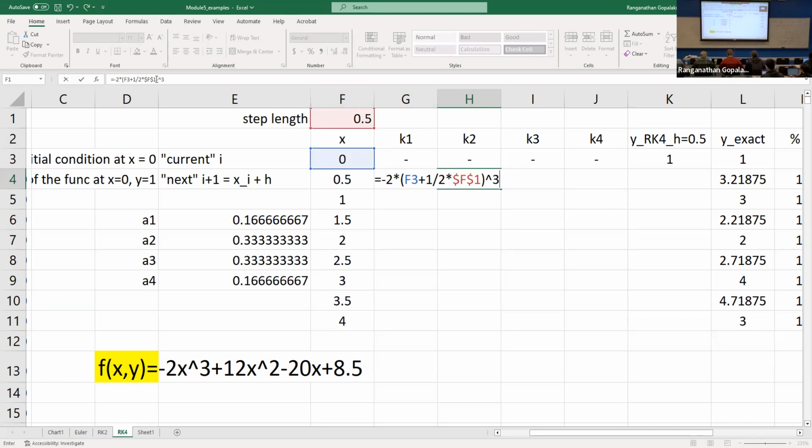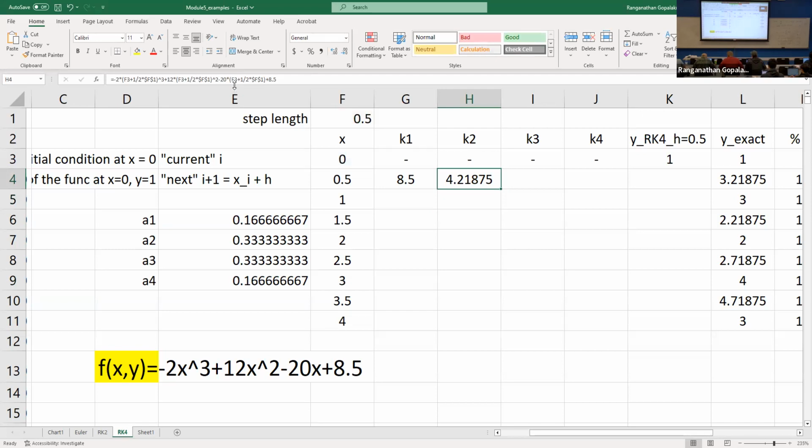I'm going to copy this expression here because it's going to be useful next time. Then plus 12 times x squared minus 20 times x plus 8.5.